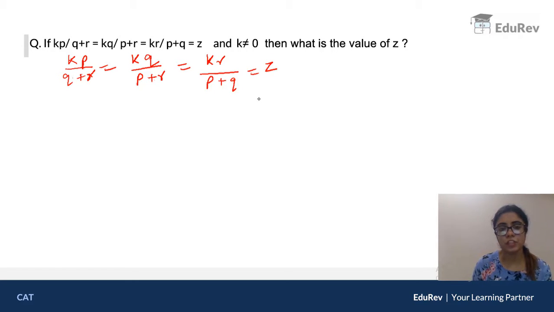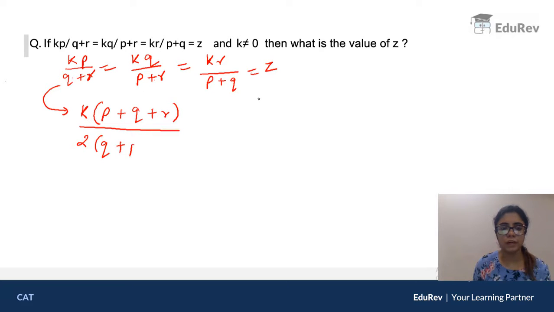If the three ratios are equal, they are also equal to the addition of all of them. So these ratios are also equal to k times p plus q plus r upon the addition of the denominators. So q will come twice, p will come twice, r will come twice, so 2 times p plus q plus r. This is equal to z.